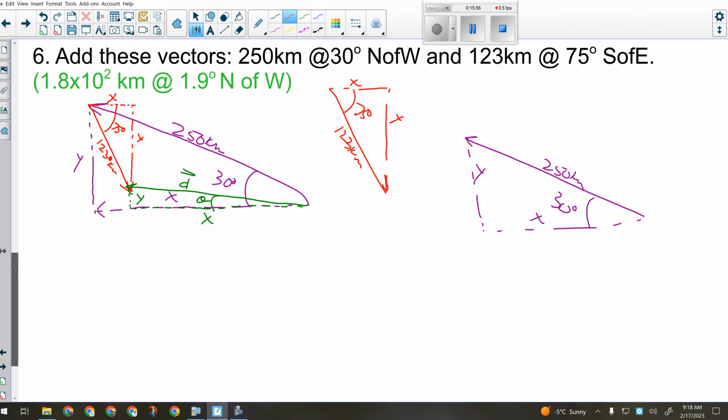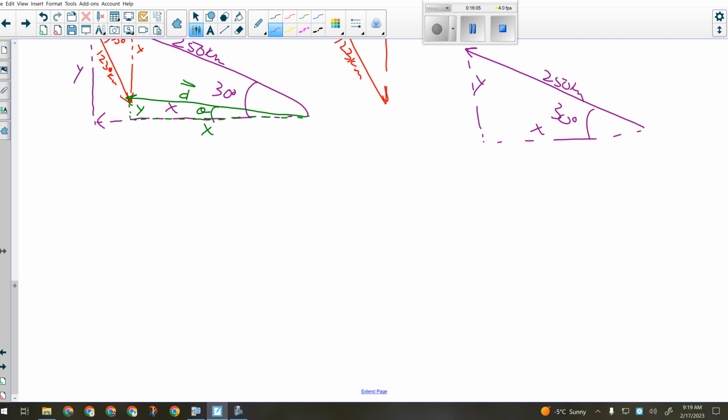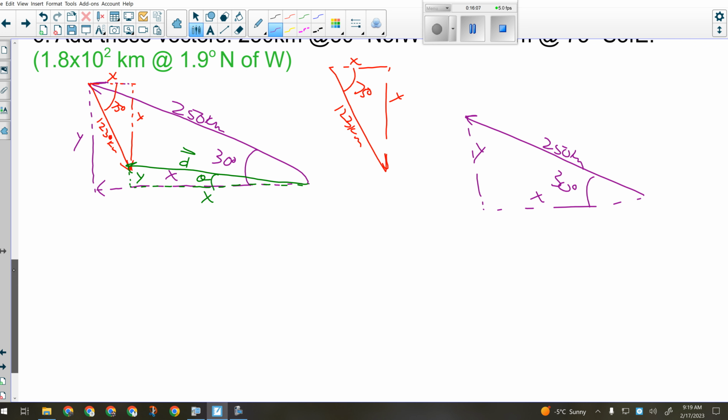All right, so for the purple triangle, so purple x is going to be the cos of 30 degrees times 250.